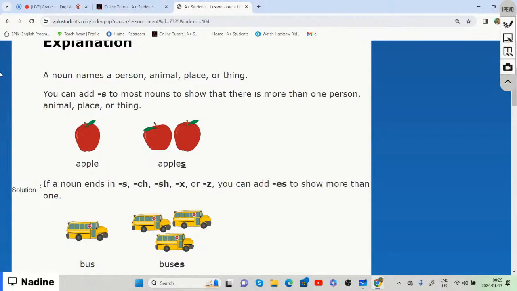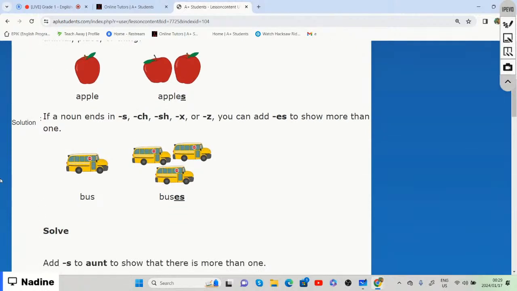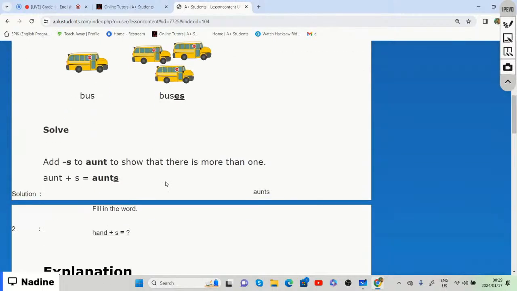So we said one apple and more than one apples, and we added the S. And then remember we said that if it ends with an S, CH, SH, X, or Z, then we need to add the ES to show that there's more than one object or thing. So one bus, three buses with an ES, right?